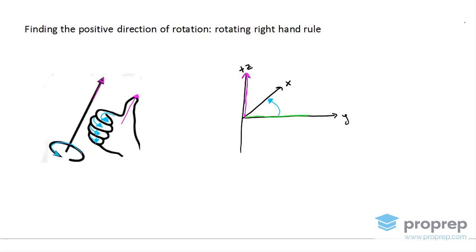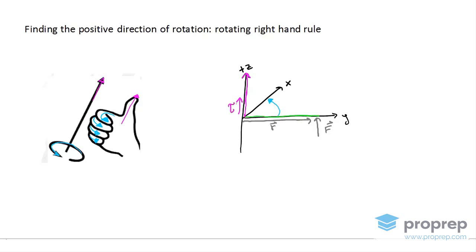Now, if we go back to the example that we saw a few lessons ago, where this is our r vector, and perpendicular to our r vector we had our force vector pushing the rod. We said that our torque would be the cross product between these two vectors, and that it would be the vector representing this direction on the z-axis.